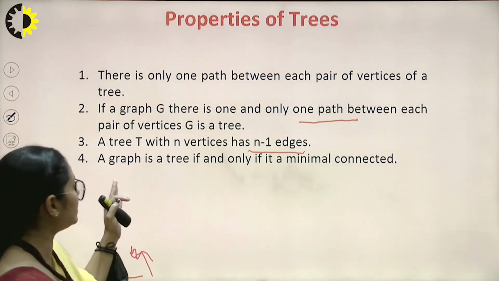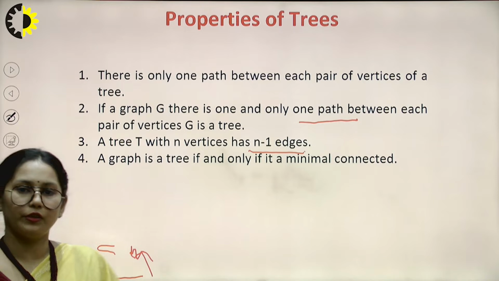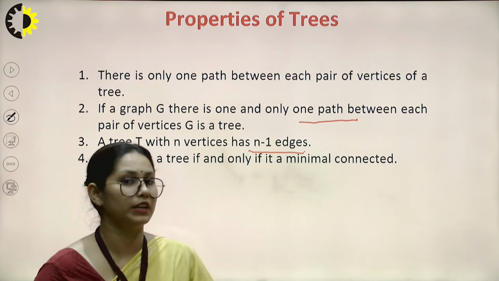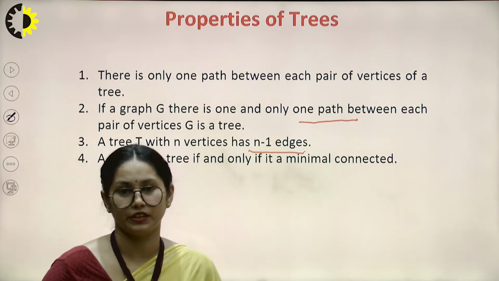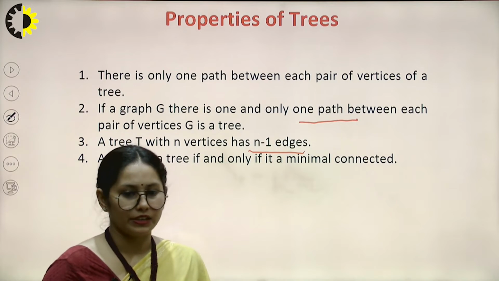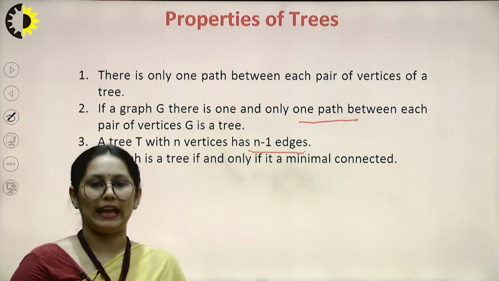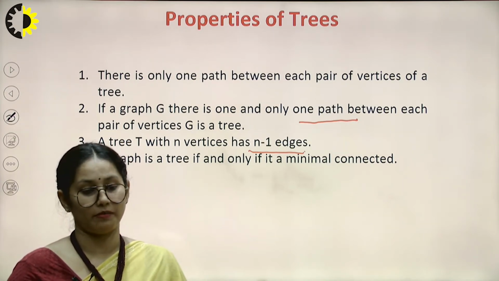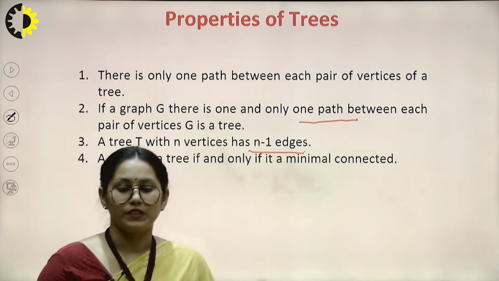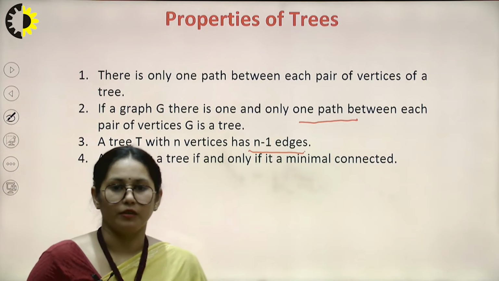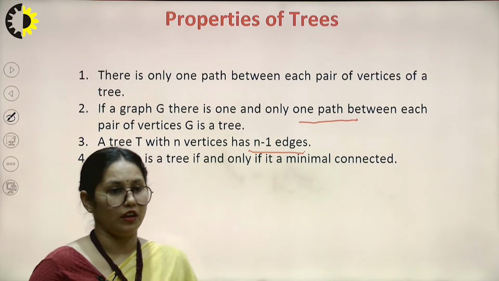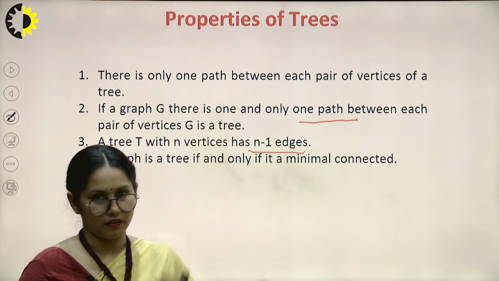The last one is that a graph is a tree if and only if it is minimally connected. Minimally connected means every vertex is connected to another vertex, and there should not be more than one path available for the connection.